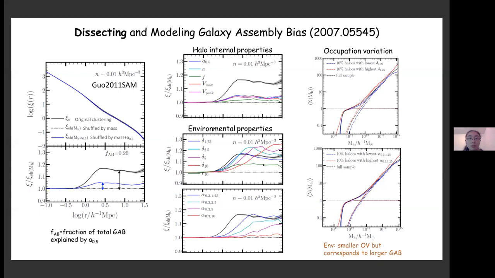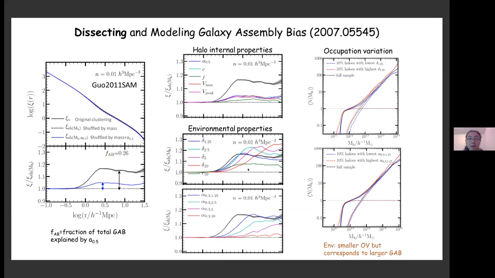But if we change to the environmental properties, for example, the matter density field, or the tidal anisotropy defined on different smoothing scales, each one of them basically corresponds to a very large fraction of the galaxy assembly bias. And this galaxy assembly bias is basically caused by the combined effect of the halo assembly bias and the occupancy variation, which is the occupation difference caused by the secondary properties.